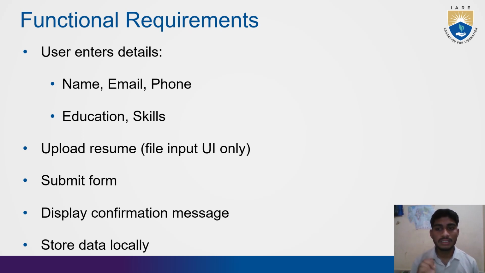The user enters details: name, email, phone, education details, skills, and uploads a resume. The file will be input in the UI only. There will be a submit button, and it will take the form and display a confirmation message from JavaScript. An alert will be sent as a pop-up, and it stores data locally.